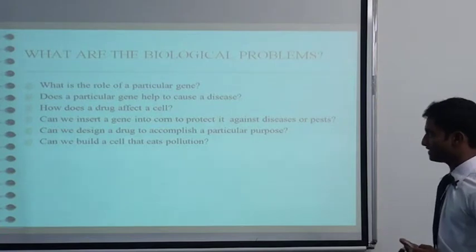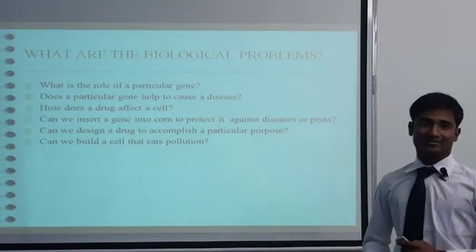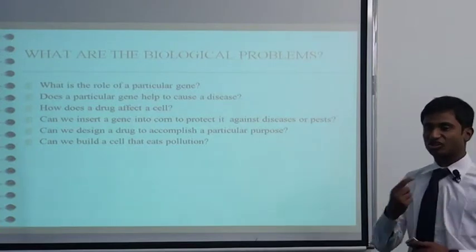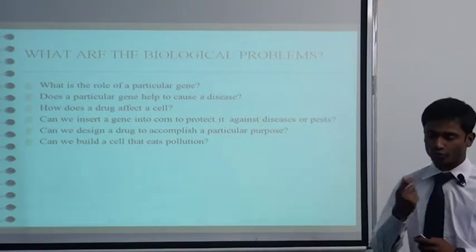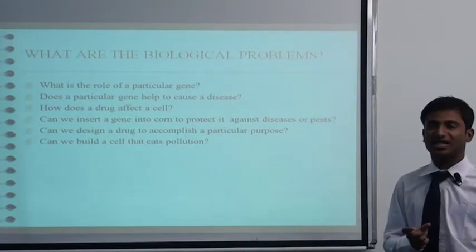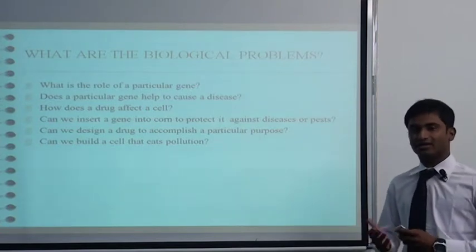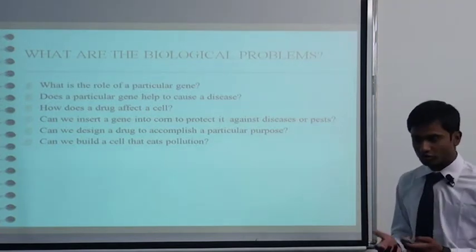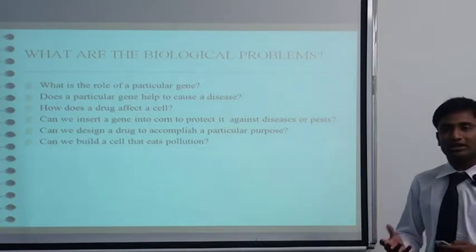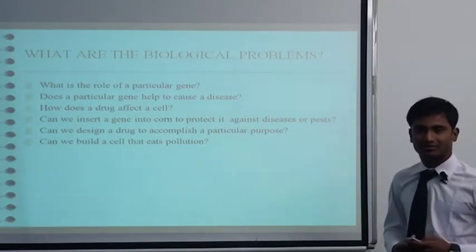The next problem is, does a particular gene help to cause a disease? That means all genes express and give protein products. If the gene changes, then the protein will automatically change, and it might form an abnormal protein. There might be a chance of it causing some disease.